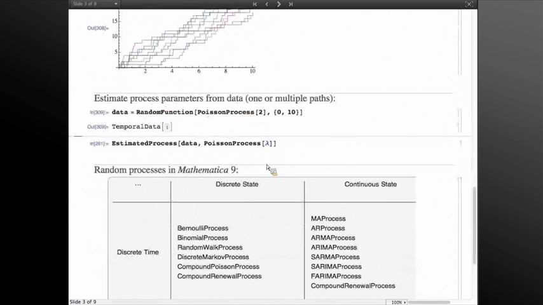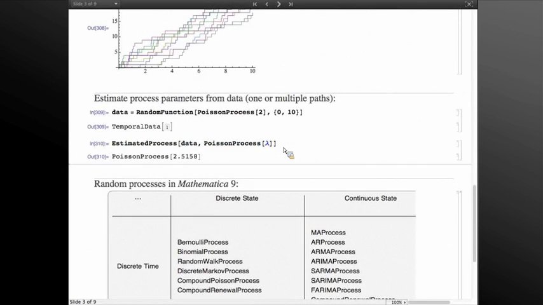Now I can take that data as input, and I can indicate which family of random processes I want to consider. Here I say I want to consider the Poisson processes, but I keep the parameter as a symbolic thing, and it will find the best of all possible parameters that fit that. In this case, it's a maximum likelihood fit. This is not very good because I don't have that much data.